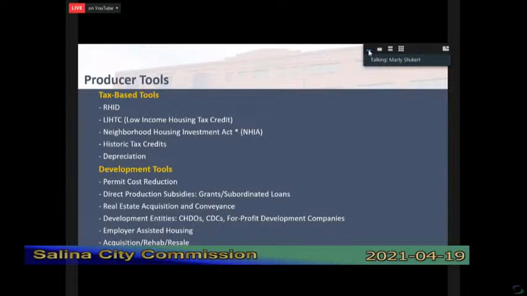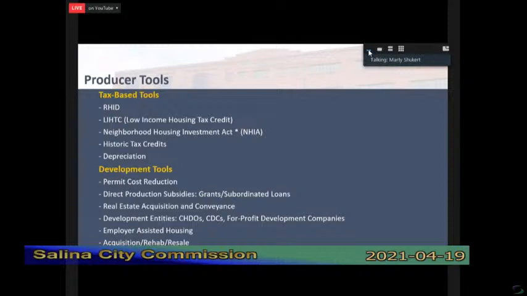Just like the LIHTC program provides tax credits to benefit low and moderate income development, the NHIA program would provide a tax credit to fill that gap.